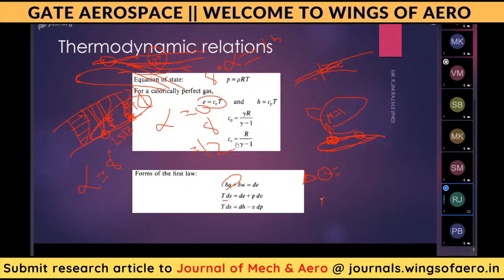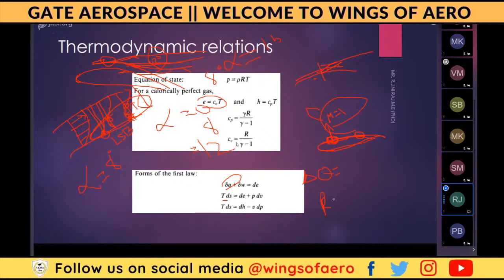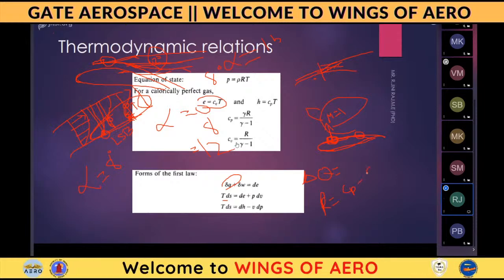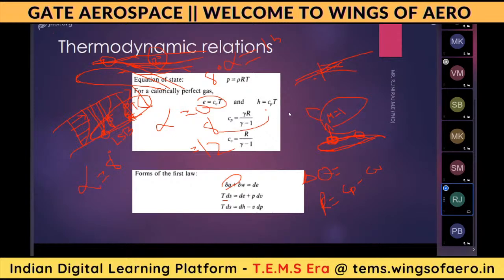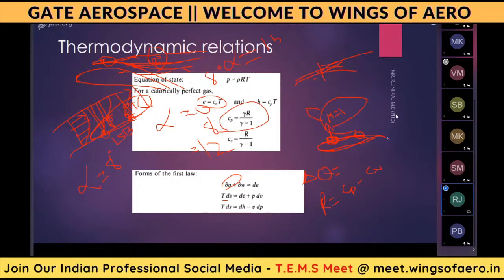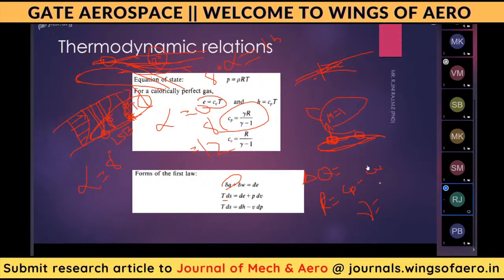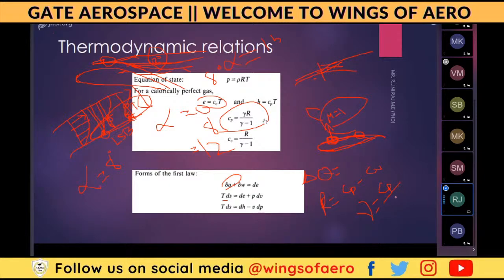We know the formula for the gas constant, R equal to cp minus cv. Do you know how this formula comes about? We know R equal to cp minus cv, and also gamma, the ratio of specific heats, equal to cp divided by cv.